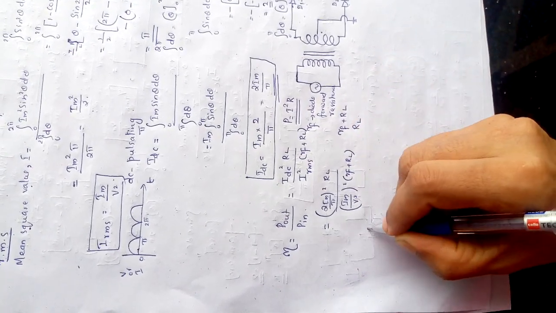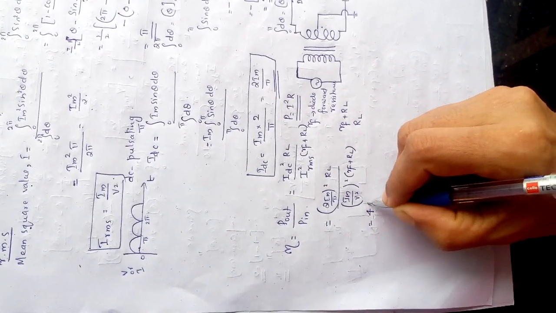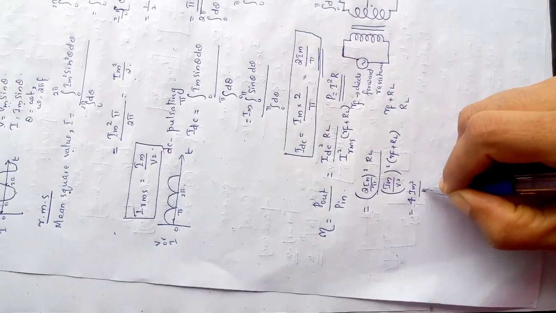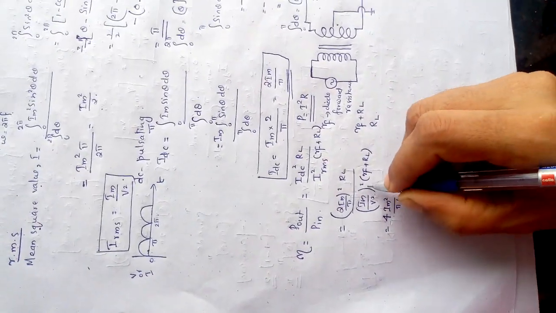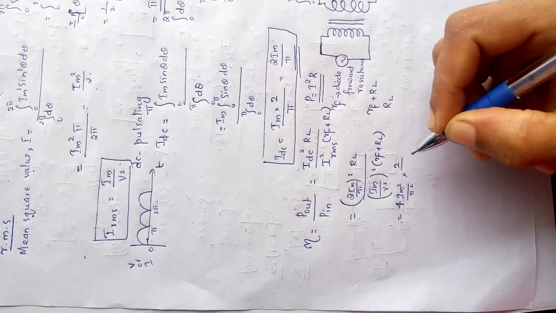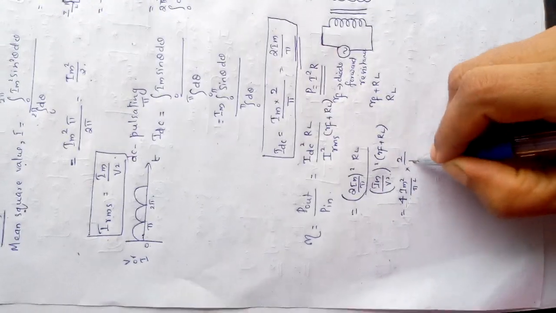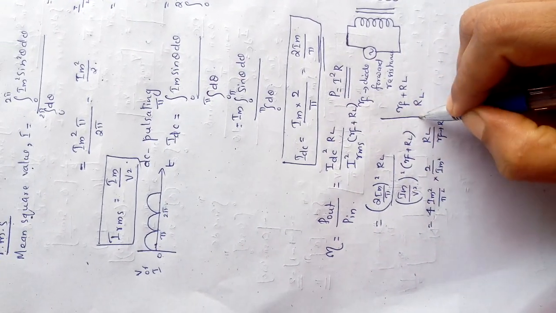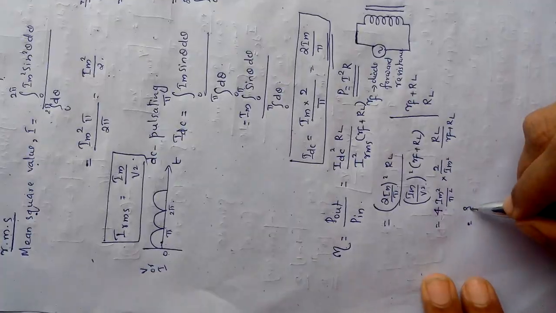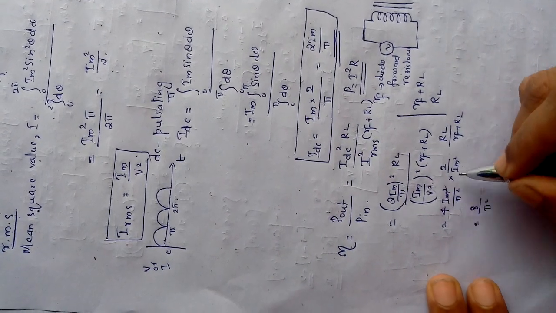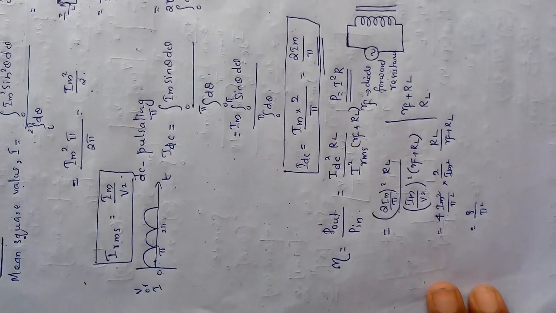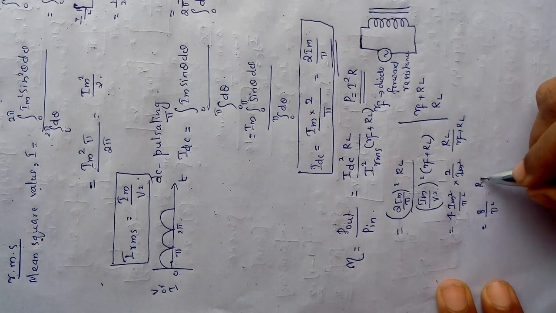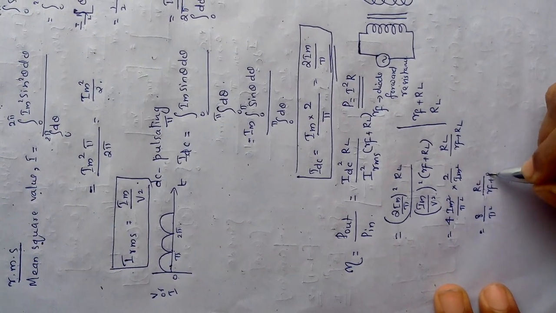Expanding, 4 Im square by pi square, the square of root 2 is 2, divided by Im square into RL by RF plus RL. Im square and Im square cancel each other, so that is 8 by pi square into RL divided by RF plus RL.